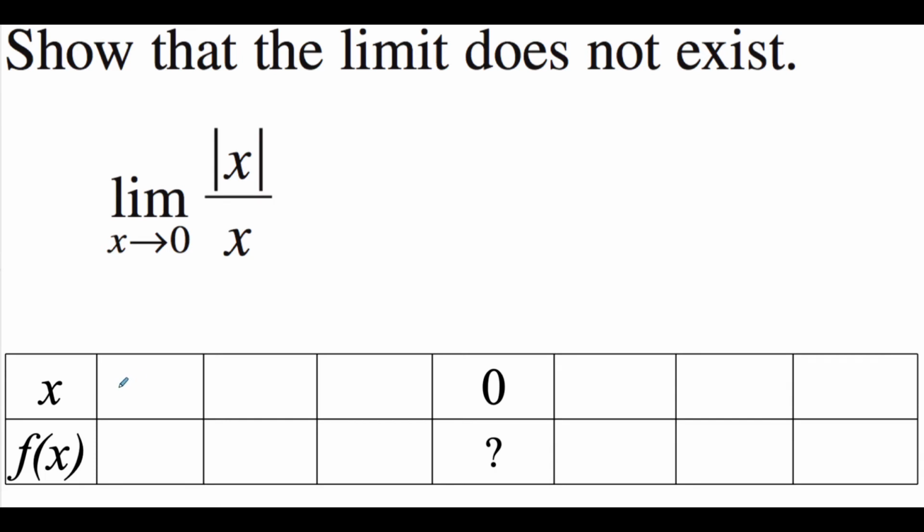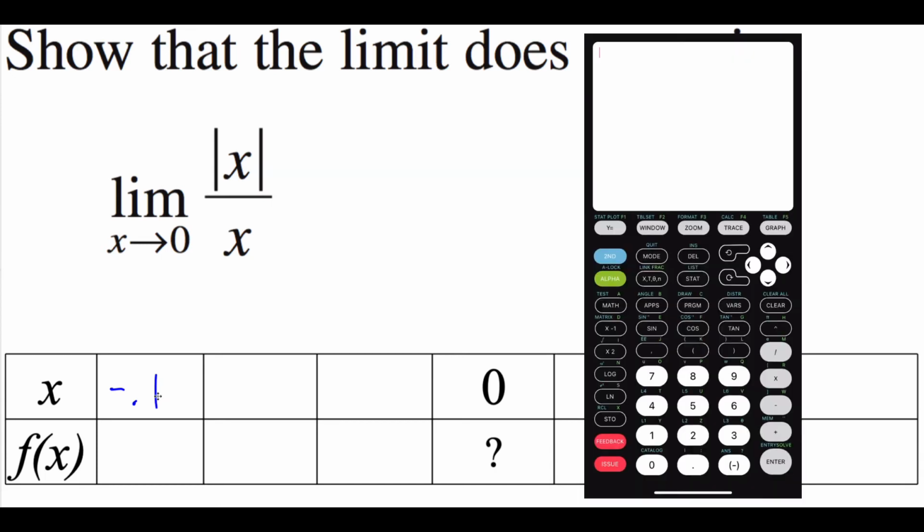On the left-hand side, I'm going to start with negative 0.1. I want to start with a number that's close to 0, but I'm going to gradually work closer and closer to 0. I'm going to use my calculator here. I'm going to store negative 0.1 as my x value, and when I plug that in, I get negative 1 as my answer.